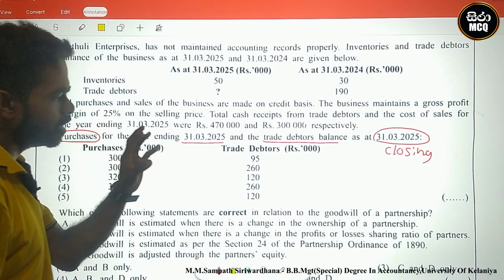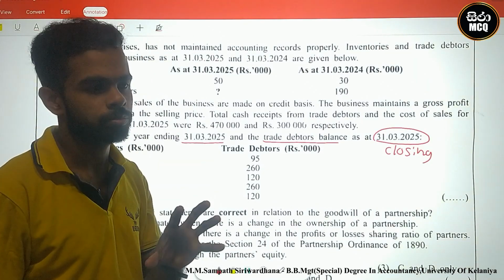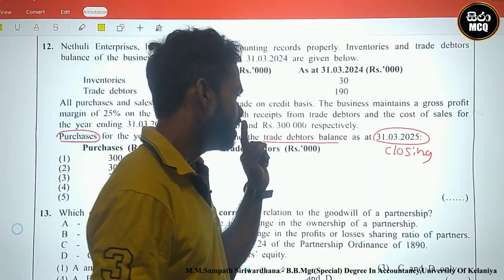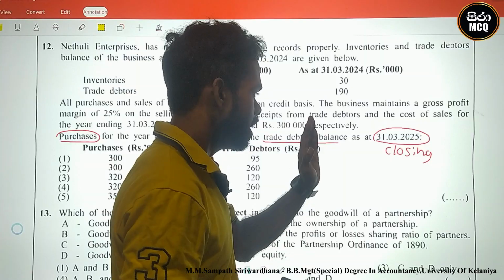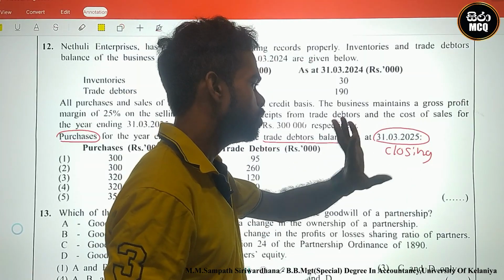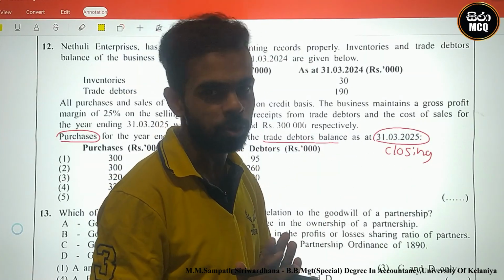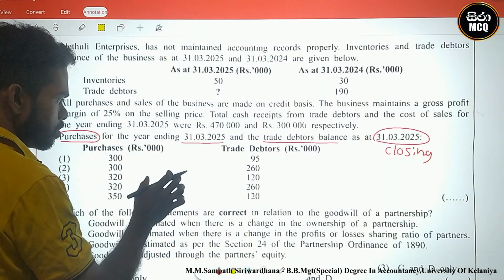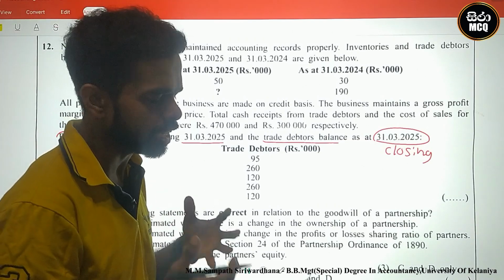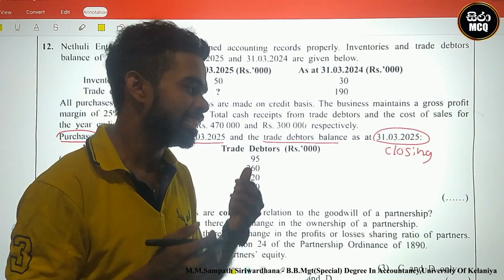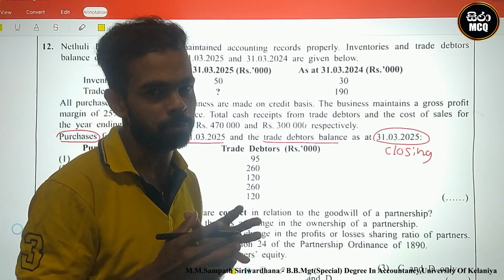Purchasing for the year ending 31st March 2025, and the debtor control balance as at 31st March 2025. This is the closing debtor balance. Let's see the question. I like to prepare a trade account and a debtor control account.